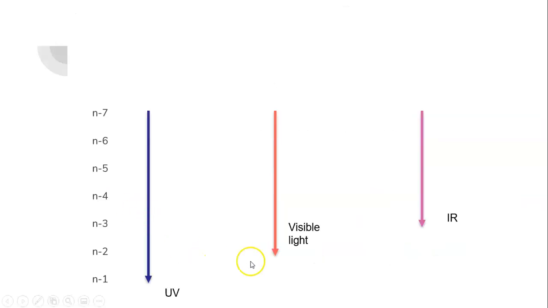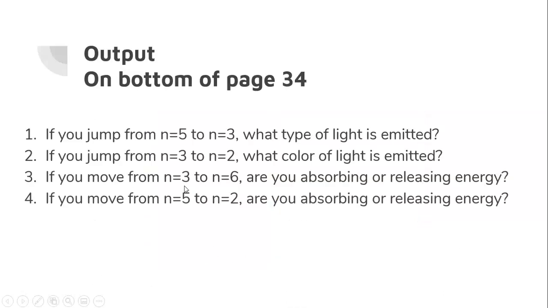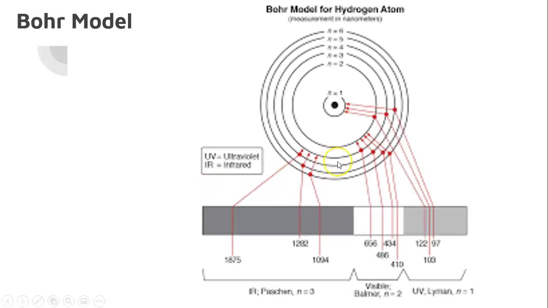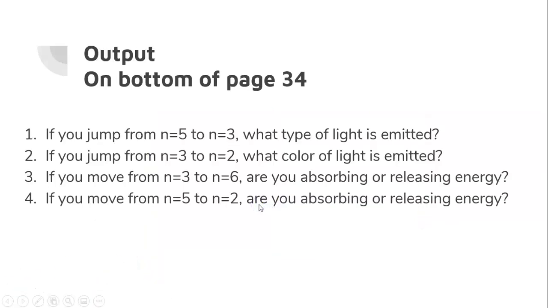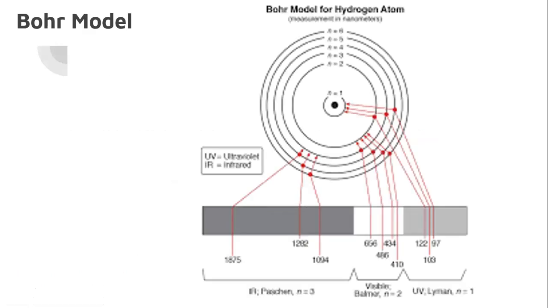If I'm going from 3 to 2, I'm going to release visible light, but I have to figure out which one that is. So again, if I'm going from 3 to 2, I'm going to look here.